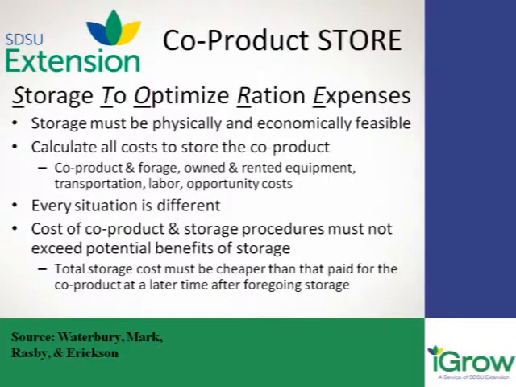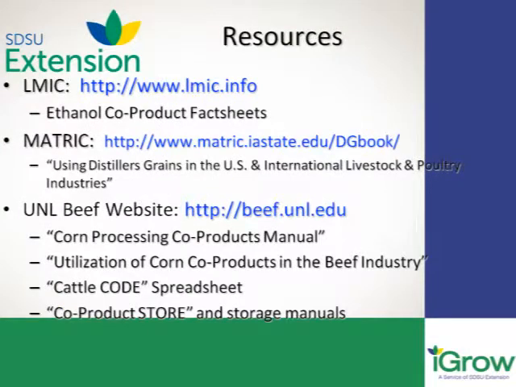So because every situation is different, it's very important to go back and really evaluate that. That spreadsheet will do a good job in helping you sort through those decisions as well. Again, available at beef.unl.edu.